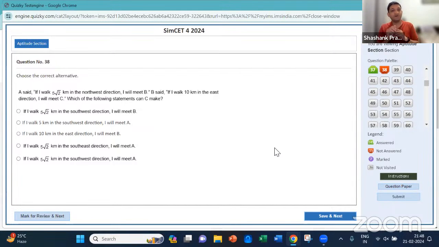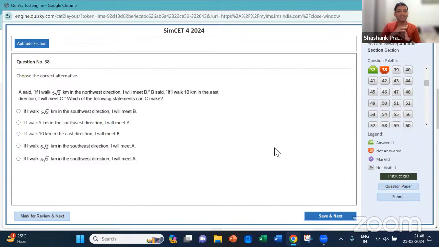Okay, A said if I walk 5 root 2 in the northwest, then I will meet B. B says if I walk 10 in the east, I will meet C. So this is 10, this is 5 root 2, so this has to be 5 root 2. So C will say that if it travels 5 root 2 kilometers in the northeast direction, then it will meet A. No?